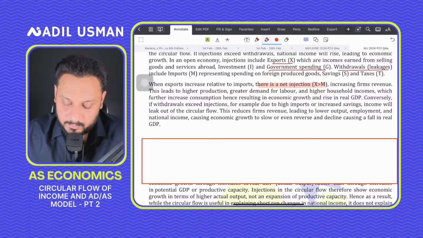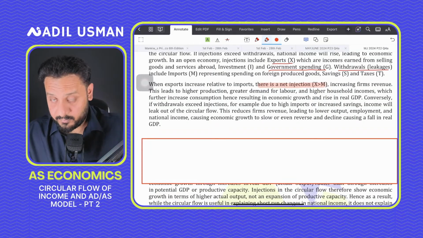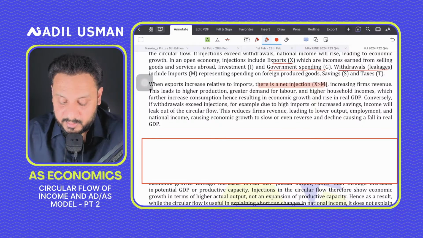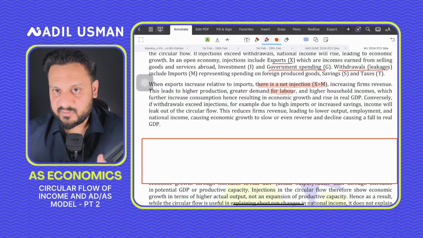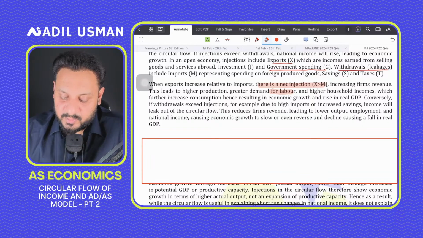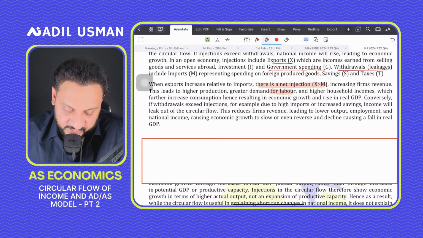This would also result in higher consumption, because when workers earn wages, they would spend it back in the economy. So your C would go up as well. Higher consumption expenditure together would result in economic growth and a rise in real GDP.